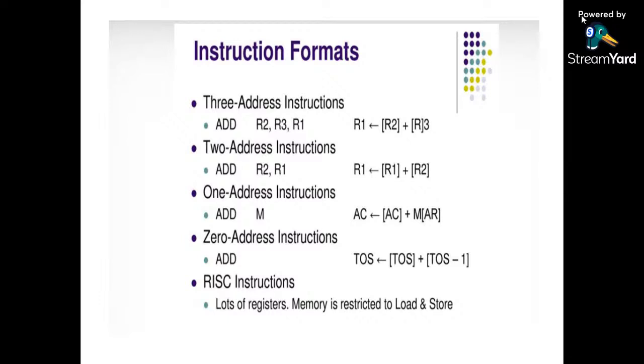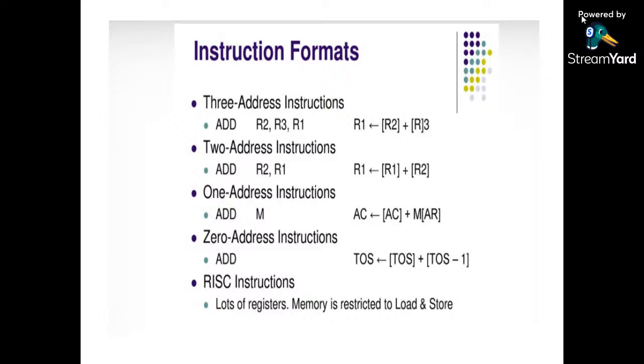Then there is the one address instruction. In this, we specify the address of only one variable. You might say that is not possible, because addition is possible only if there are two variables. So where does the second variable come from?